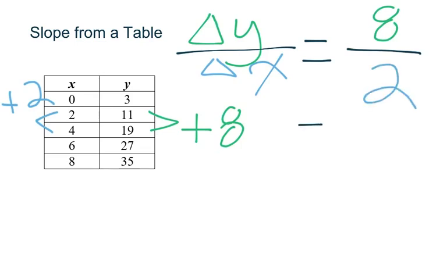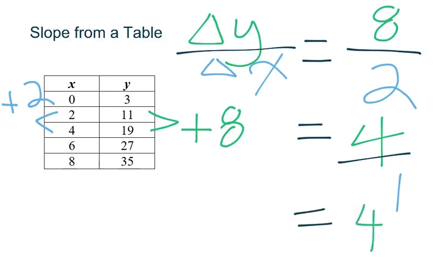If I simplify, essentially that comes out to a 4. Technically it'd be a 4 over 1, but that's also just equal to a 4. So my slope from this table is 4.